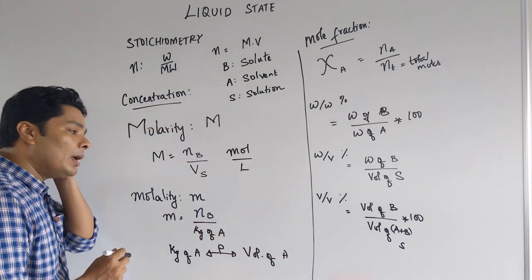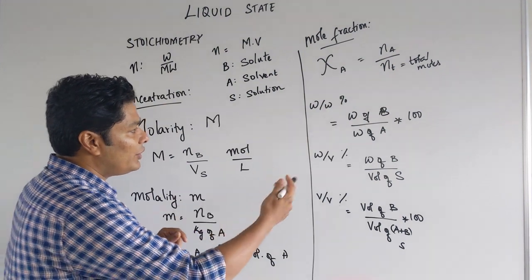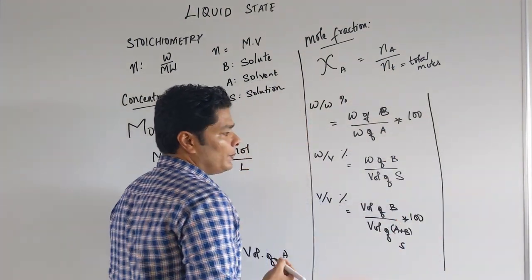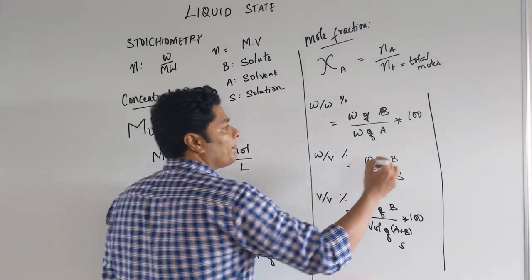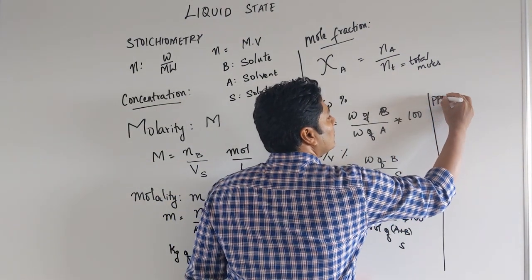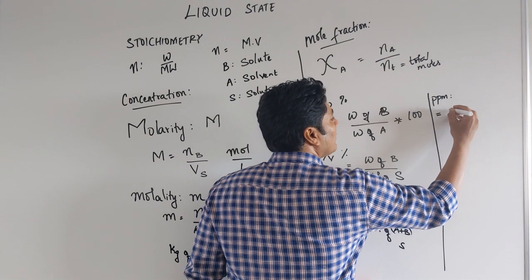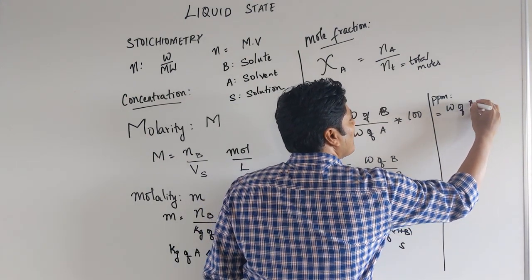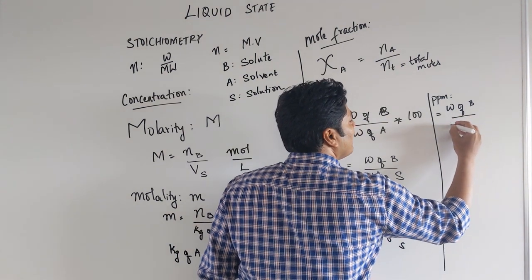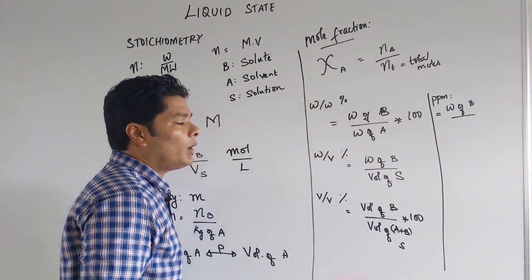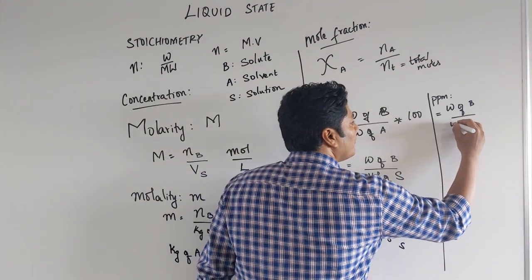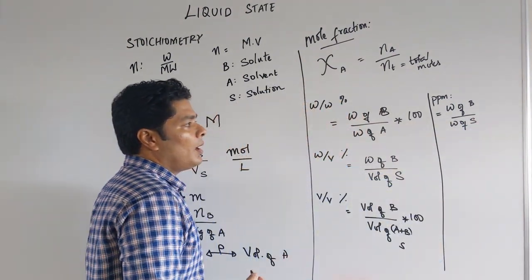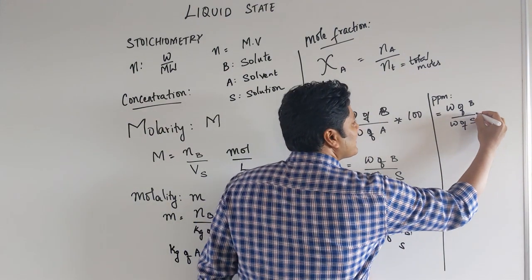So these are simple. The one thing that you can actually use when the concentrations are extremely low is ppm. ppm is nothing but weight of B divided by weight of A or solution times 10 to the power 6.